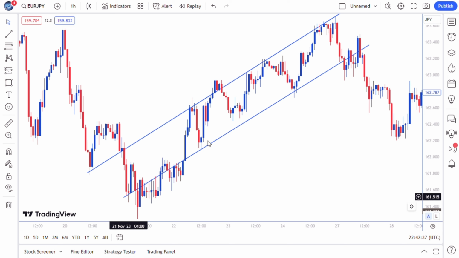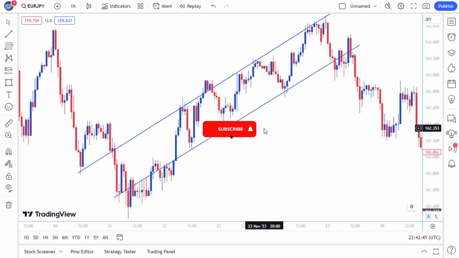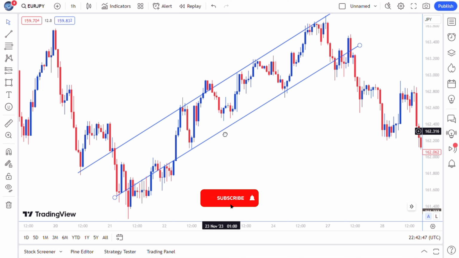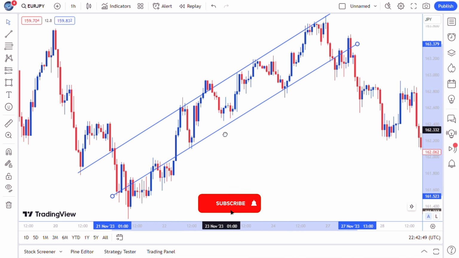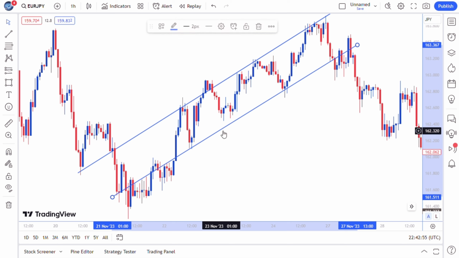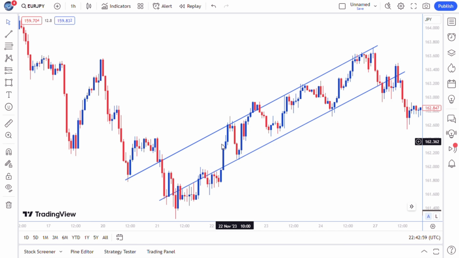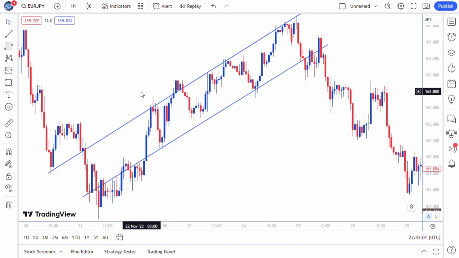Starting from here, prices reacted at these levels. Always adjust if need be. These also act as a good support for market prices.